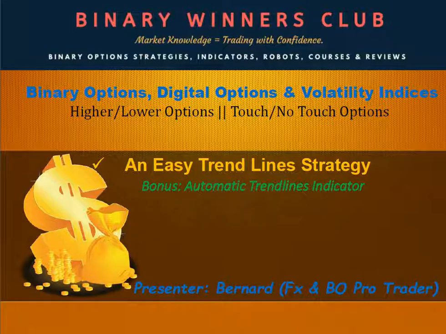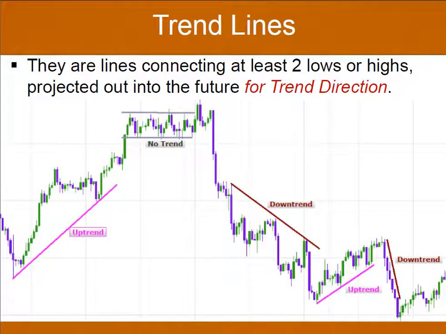Trend lines are lines we draw on our charts, connecting two lows in the case of an uptrend, or connecting two highs in the case of a downtrend. Sometimes you can connect two lows and two highs in a channel that's trending upwards or downwards.